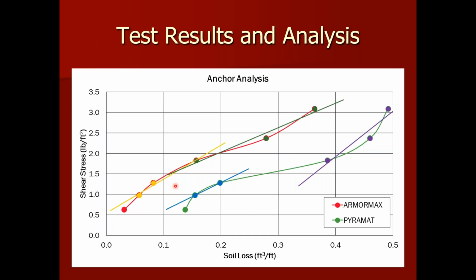And what's interesting about this is the different zones we have of slopes of lines. And we're still working on this, to be determined what the actual methodology that will come out of this, but we're seeing sort of a healing process, if you will. You can see in the green line and even on the red, you get some soil movement pretty quickly and then it sort of flattens out.